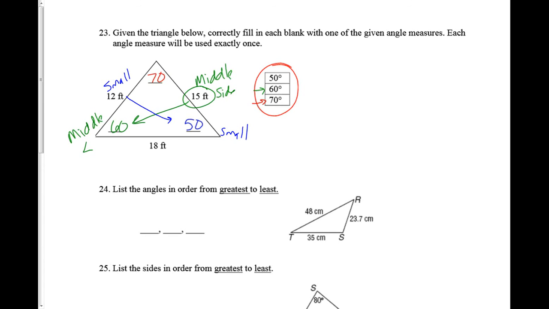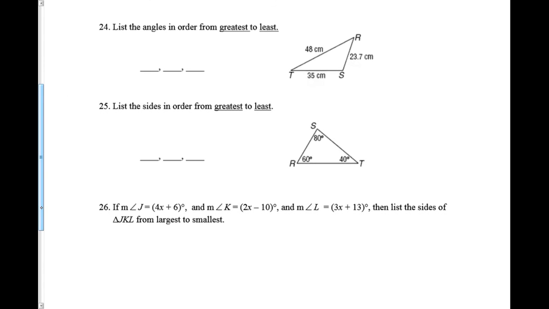Moving on to 24. We're listing the angles in order from greatest to least, so the biggest angle goes first. The biggest angle is across from the biggest side. Here's my biggest side, so across from that is the biggest angle. So angle 7 is the largest angle. Next, I need to find the middle side.